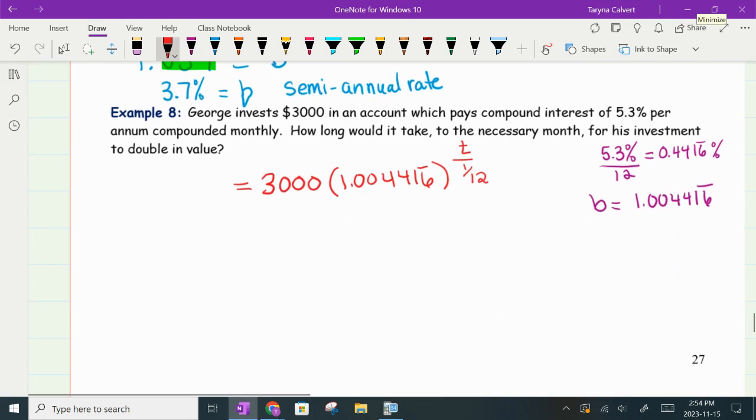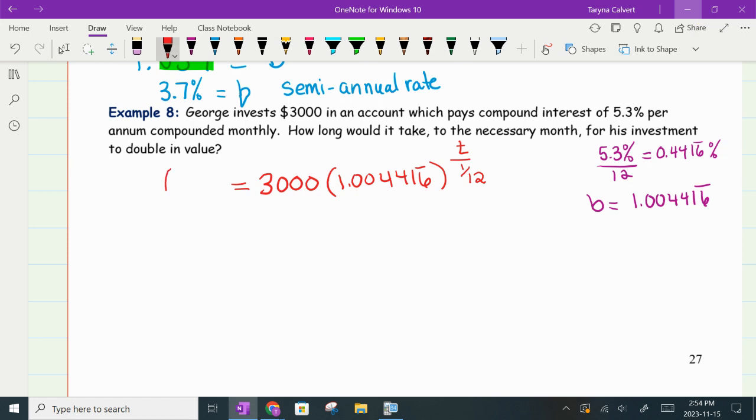So what's our Y value? 6,000. So this one, guys, you have to be a little bit careful because T right now in my formula represents what? Total time in years, right? Yes? Okay, so when we solve this for T, that'll give us our years, which then we can change to months.